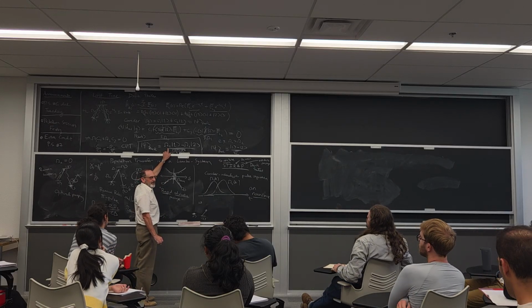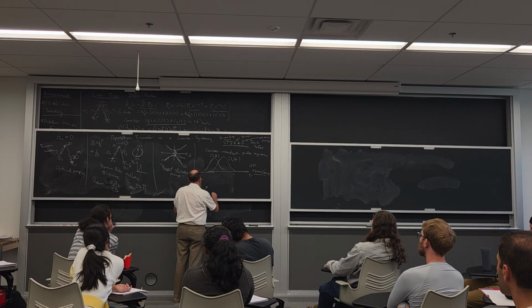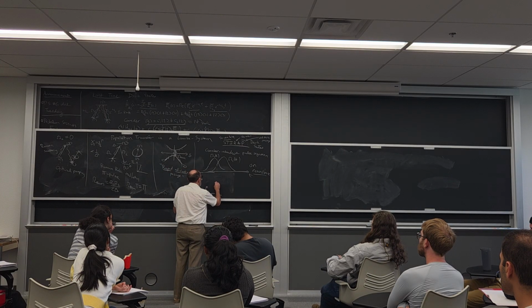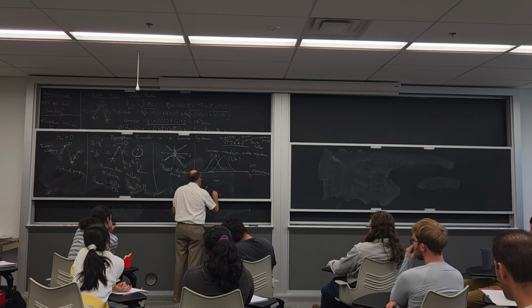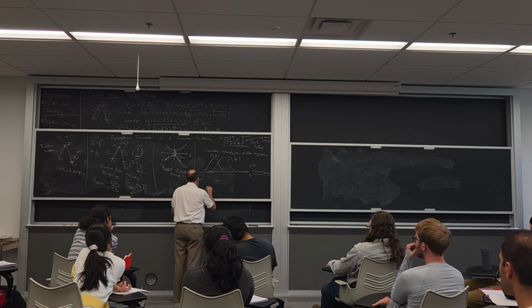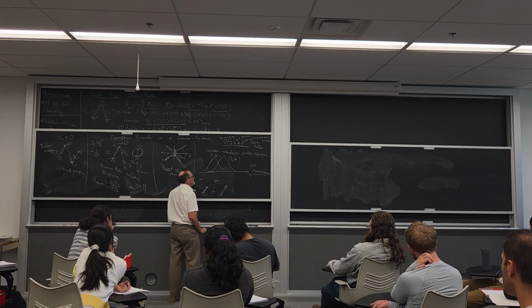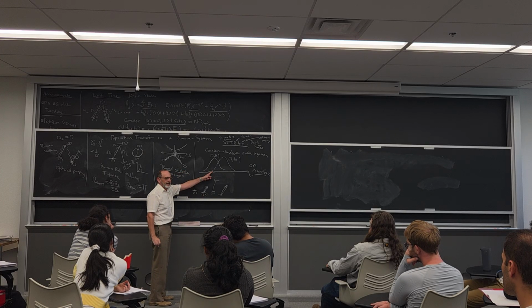Okay? So, in this case, when I'm over here, I have a tiny bit of amplitude here, but most of the amplitude is here. Okay, when I'm at this point.